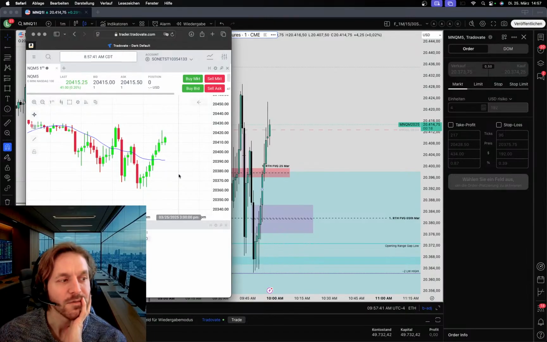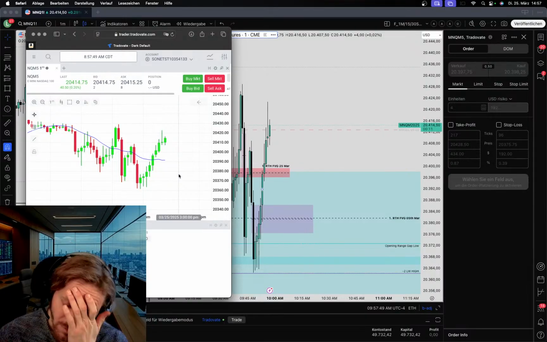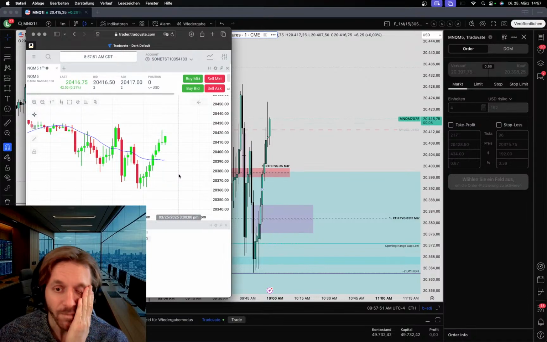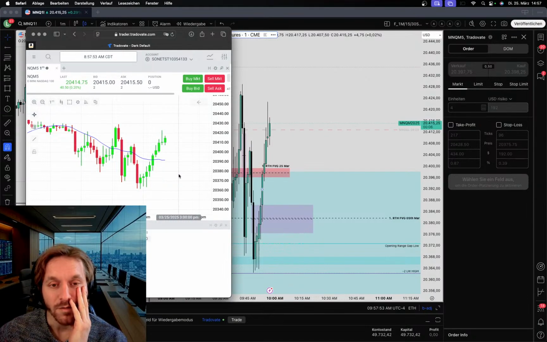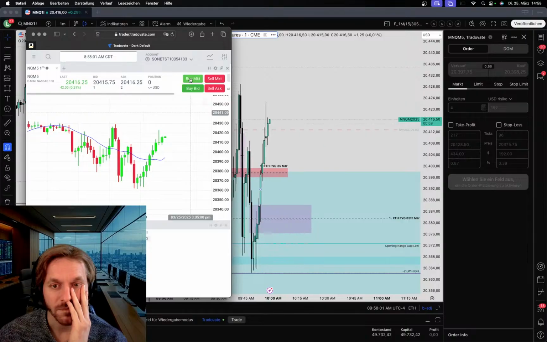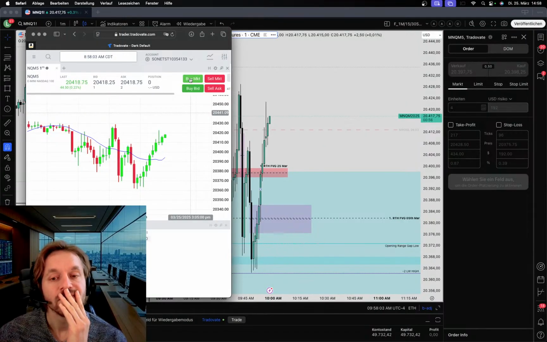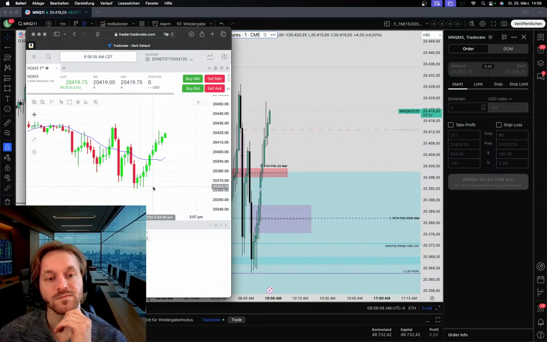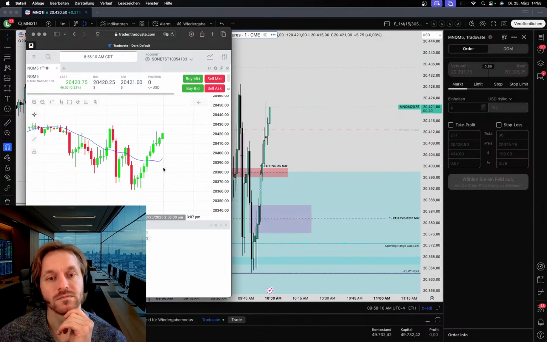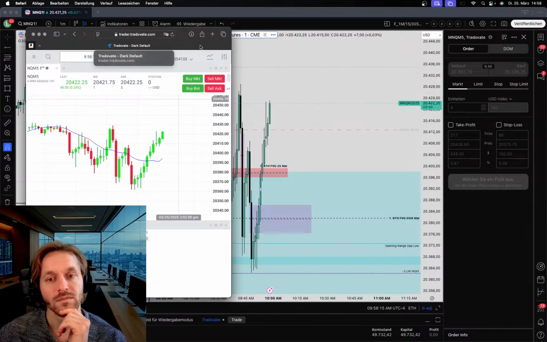The worst thing is to see your trade going into your direction after you weren't able to take it. Why is trading such a bitch? I'm tripping.